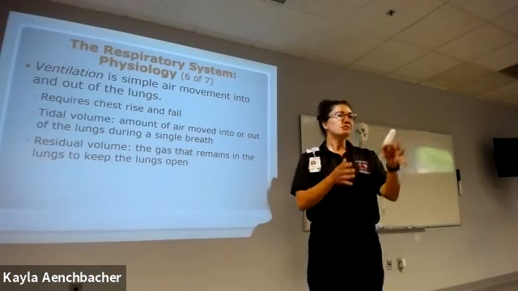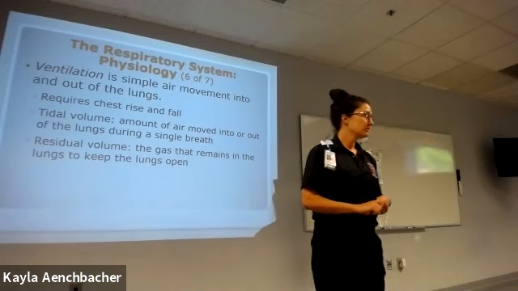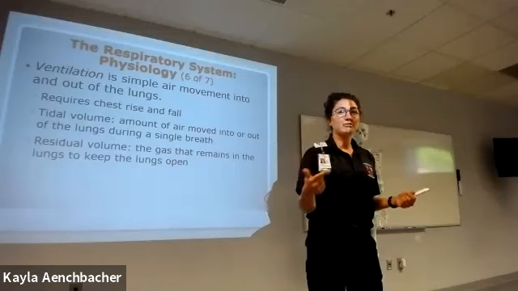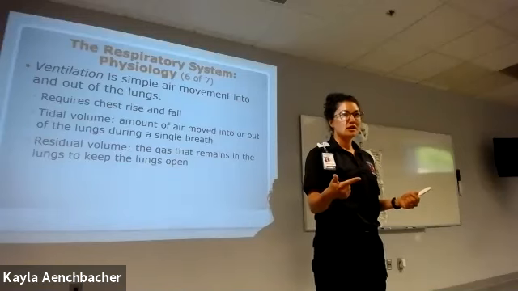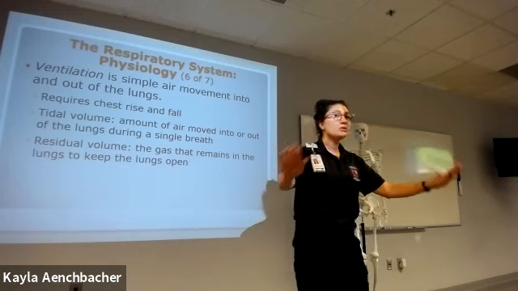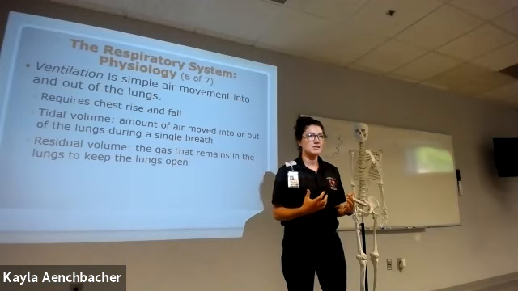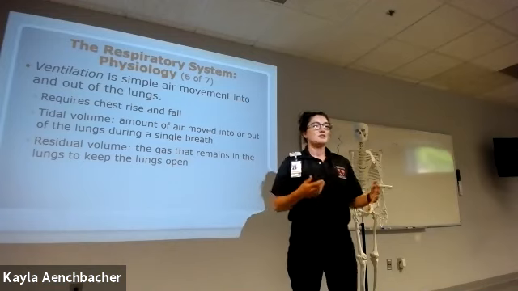Kind of, yeah, kind of. So what is your immediate reaction when you get the wind knocked out of you? Try to catch your breath. A panic attack, right? It hurts and you start hyperventilating like crazy. Because what's the brain thinking? No, no, no, no. I need that residual volume. I don't want my lungs to collapse on themselves. Hurry up, fill those lungs back up.